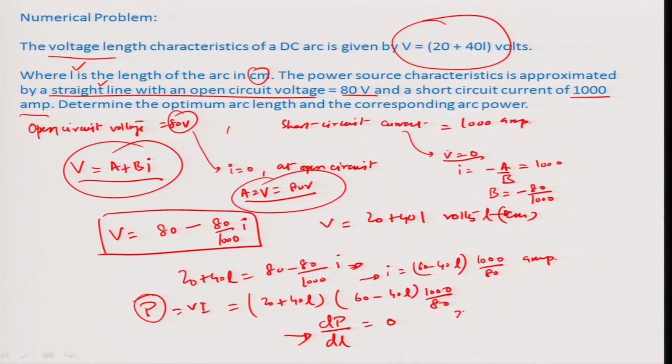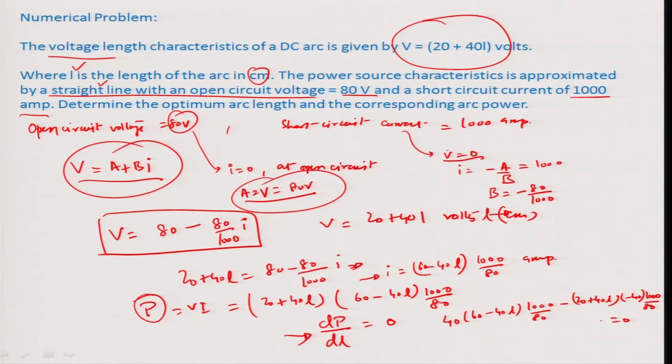We have 40 times 60 minus 40 L times 1000 by 80, minus 20 plus 40 L times minus 40 multiplied by 1000 by 80, and it should be equal to 0.